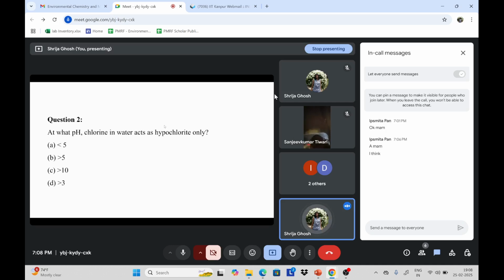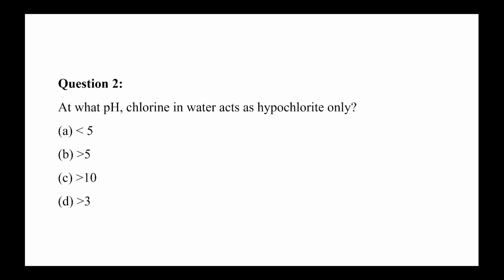If you know, try to answer it in the chat box, or just guess it. So the answer is greater than 10.